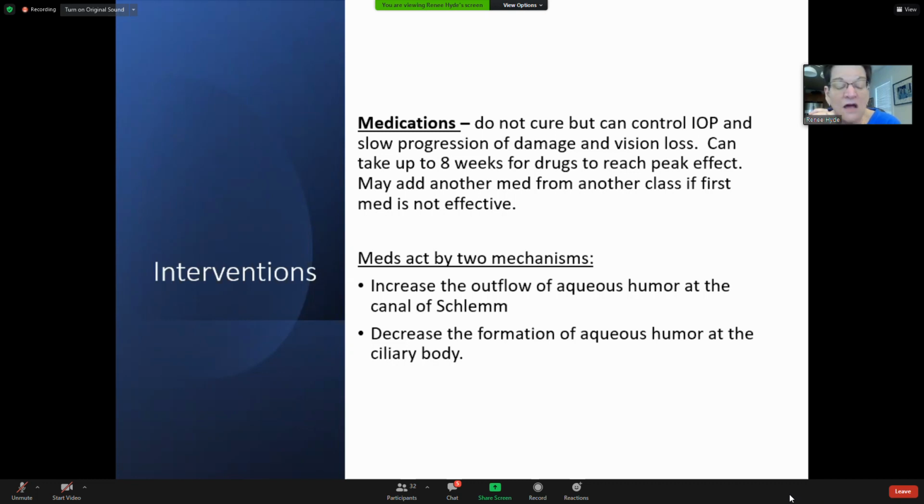And sometimes, very similar to what we have to do with other medications, we may have to add another drug from another class if the first drug does not give us a reduction in pressure like we want. As I said, they either increase the outflow or decrease the formation.